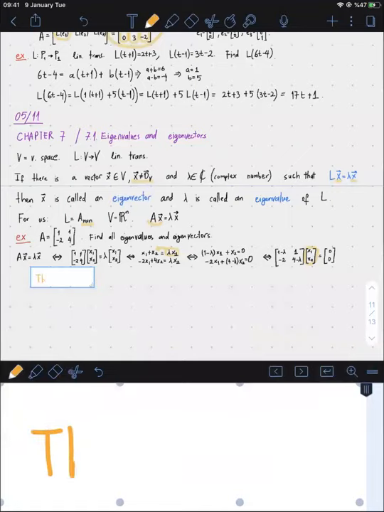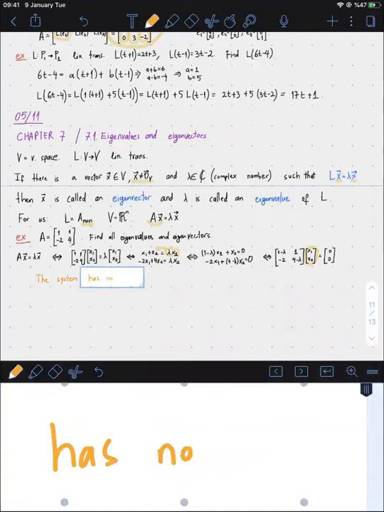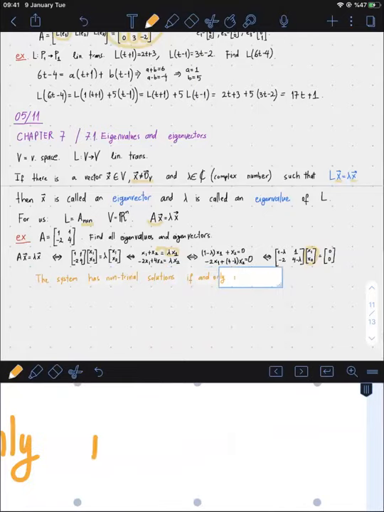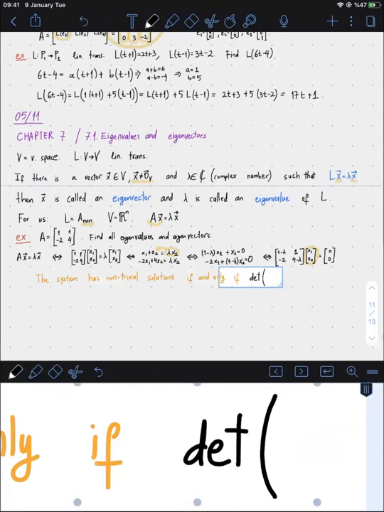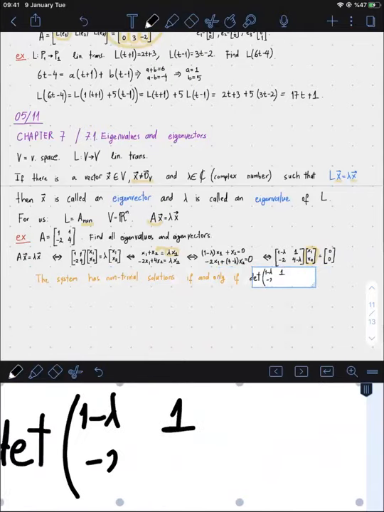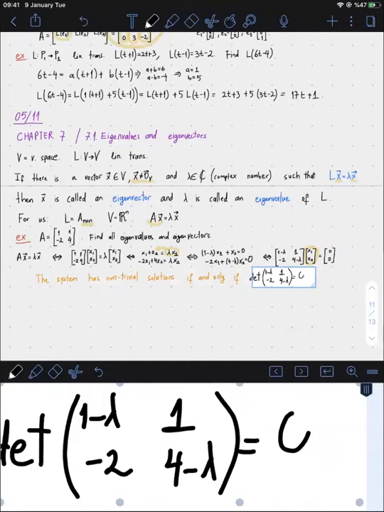The system has non-trivial solutions if and only if this determinant is 0, right?